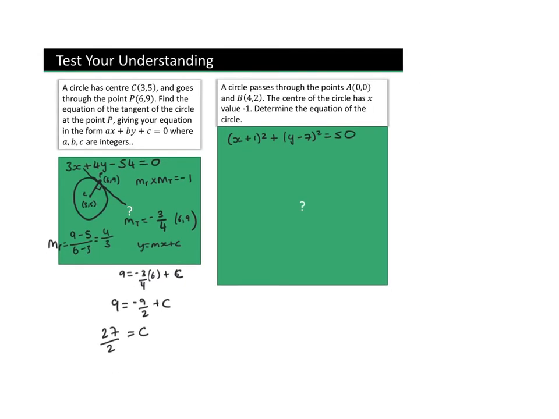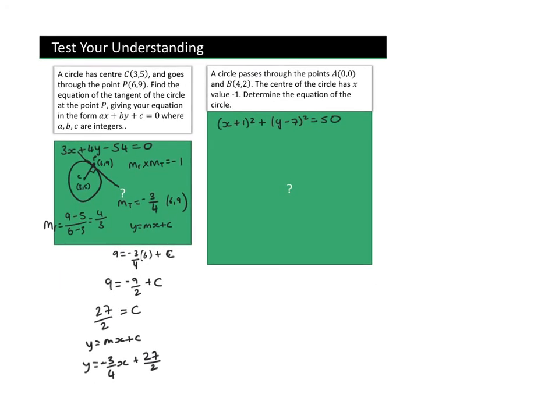So now I'm going to have y = mx + c: y = -3/4 x + 27/2. Now to get rid of the fractions, I'm going to multiply by the largest denominator, which is 4. So I'm going to have 4y = -3x + 54. Rearrange: 3x + 4y - 54 = 0. And that's exactly the answer we've got up here.